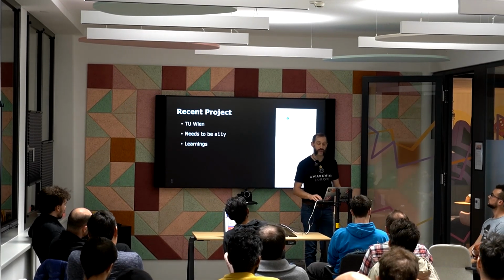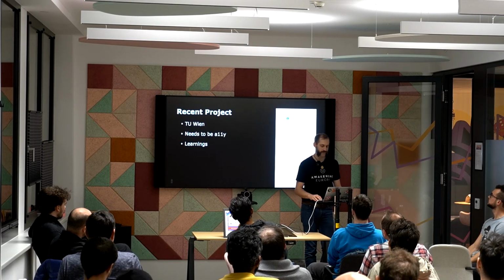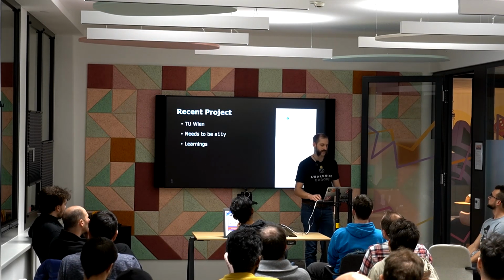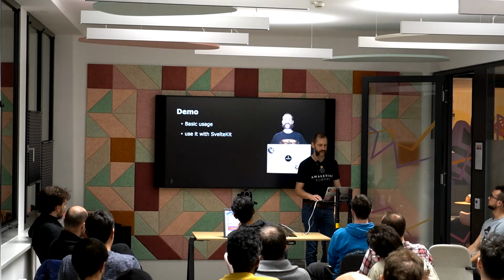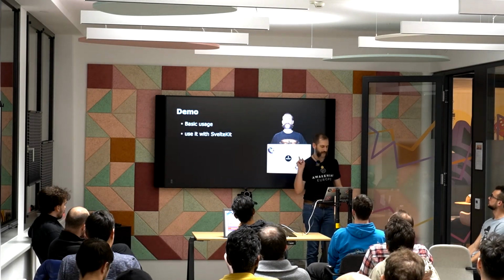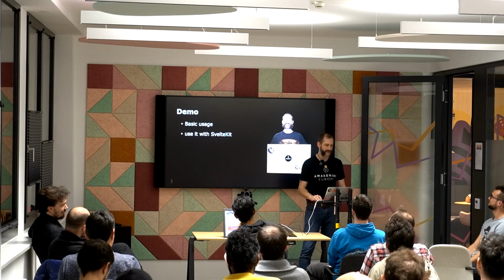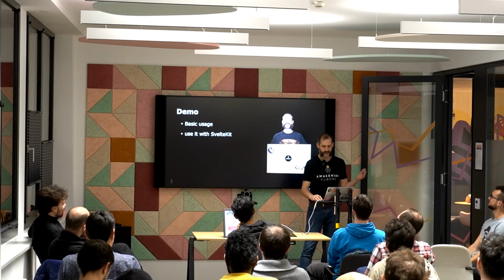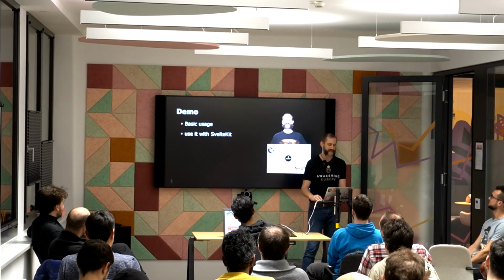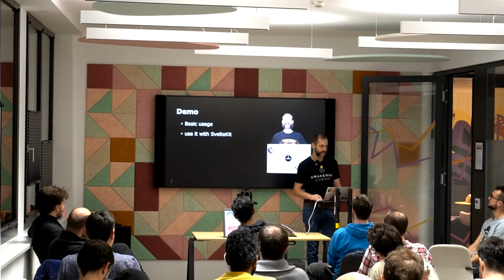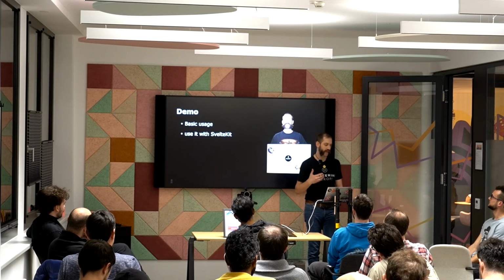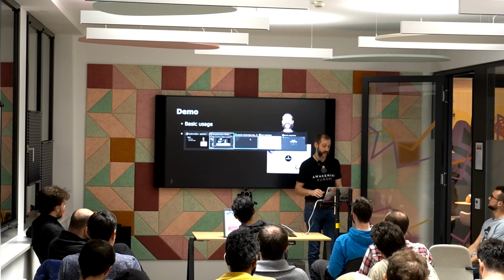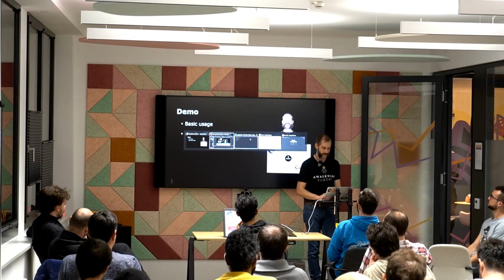And we had some great learnings as a team on using that in combination with SvelteKit, and I wanted to share them. So I wanted to guide you through some basic usage of the dialog and how we can use it with SvelteKit and play around a bit.